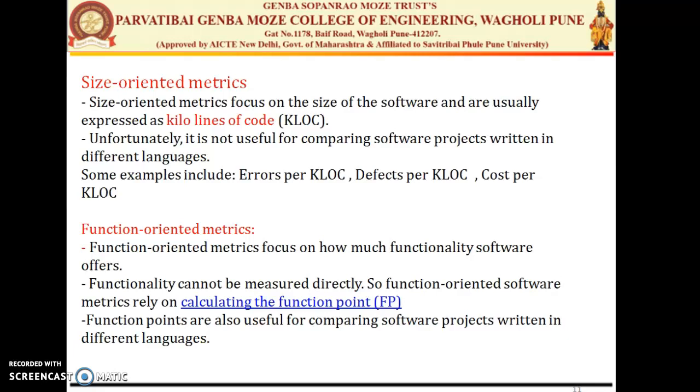So by using the function oriented matrix, we can also compare softwares which are written in different languages. In the previous size oriented matrix, we could not compare software using different programming languages for development, but in function oriented we can compare software written in two different programming languages.